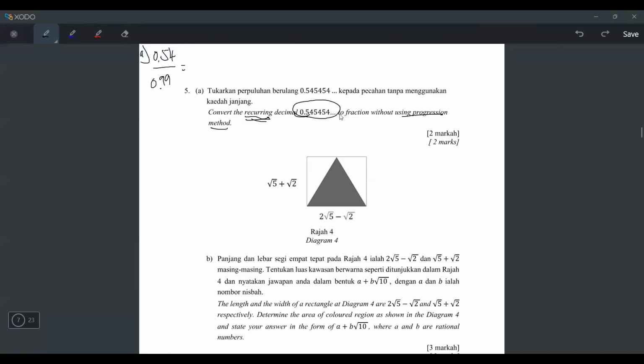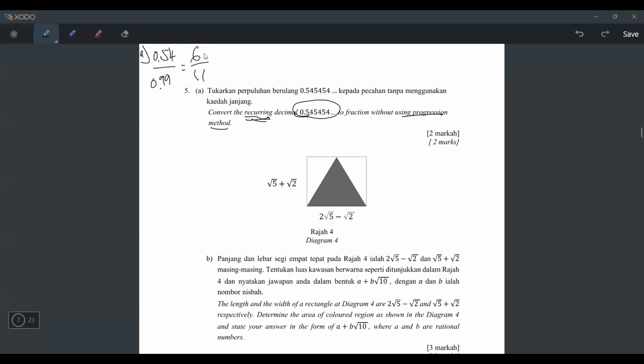If it's a 2-digit recurring decimal, then you divide by 0.99. If it's 1 digit, then you divide by 0.9. If it's 3 digits, you divide by 0.999. That's all. But this is 2 digits, so 0.54 divided by 0.99. So the answer is 6 over 11.